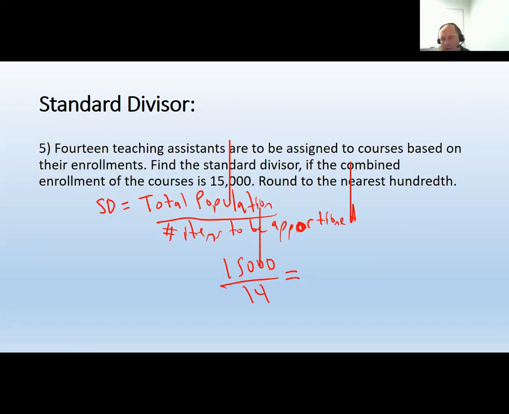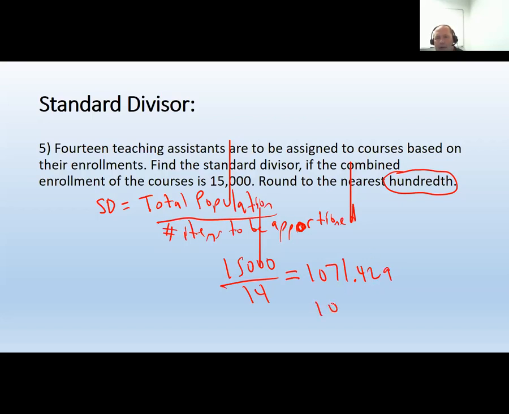I got 1,071.429, but we want to round to the nearest hundredth. So the nearest hundredth is 2 decimal places. So you look to the right of the decimal, 4 is in the 10th place, 2 is in the 100th place, and then you look to the right of the 2, and that's a 9, so 5 or more rounds the 2 up to a 3.